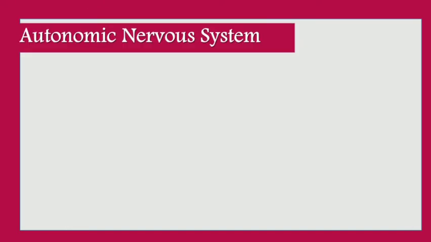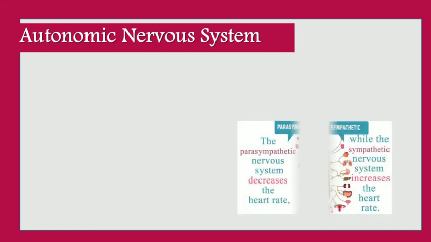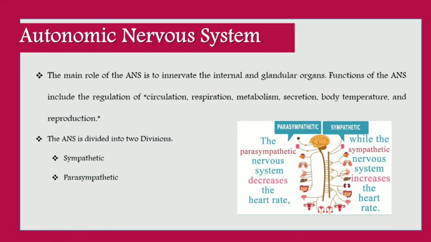Finally, let's see about the autonomic nervous system. The autonomic nervous system's main role is to innervate the internal and glandular organs. The functions of autonomic nervous system include the regulation of circulation, respiration, metabolism, secretion, body temperature and reproduction. The autonomic nervous system is divided into two divisions.